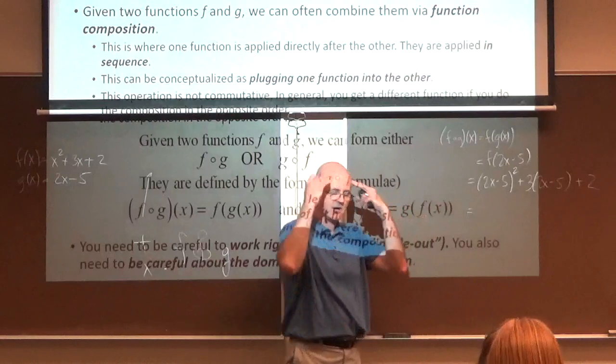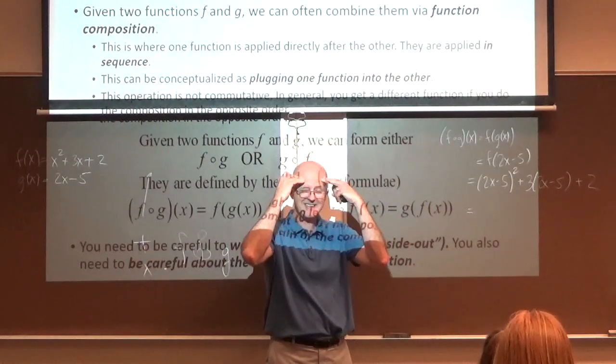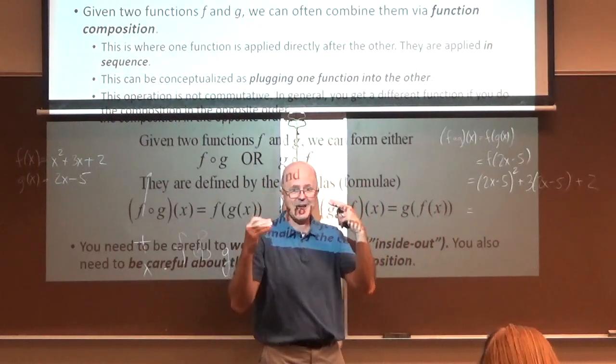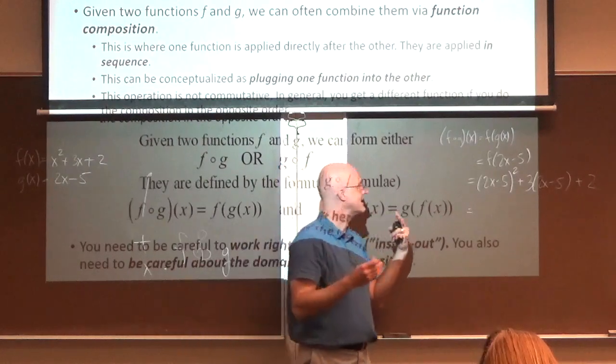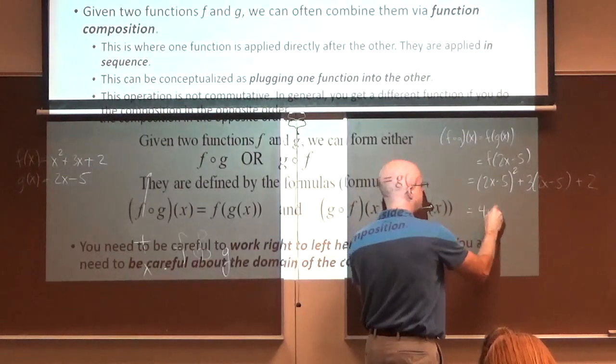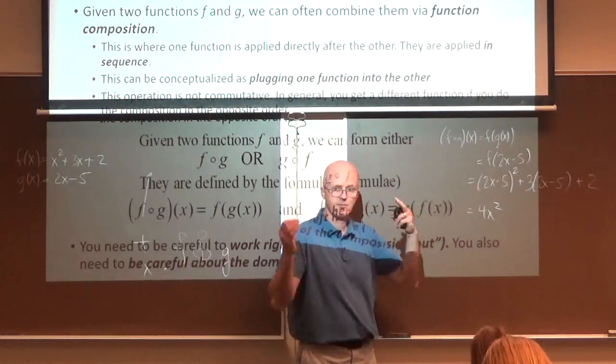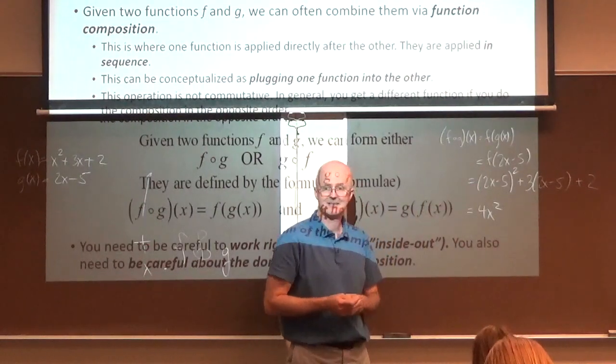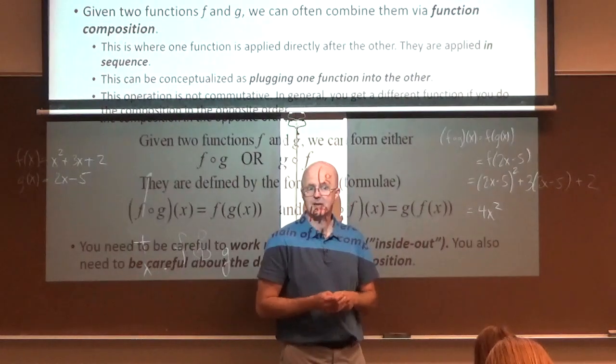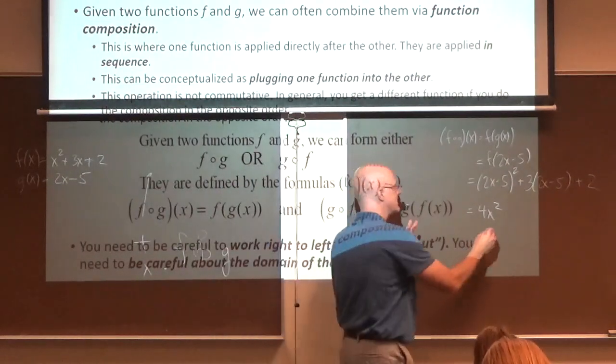2x minus 5 squared, you have to imagine a FOIL in your head, or else write it out on your own. I get 2x times 2x is 4x squared. The product of the outside and inside from FOIL would both be negative 10x, 2x times negative 5. And I have two of them, so I should get negative 20x.